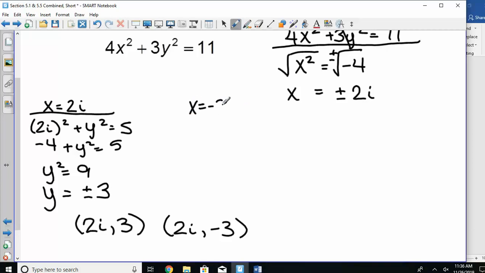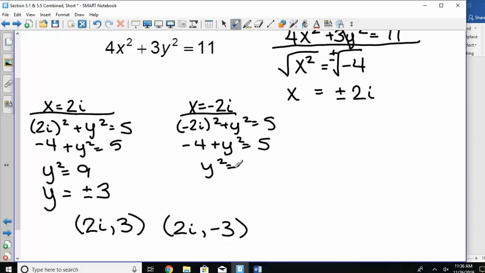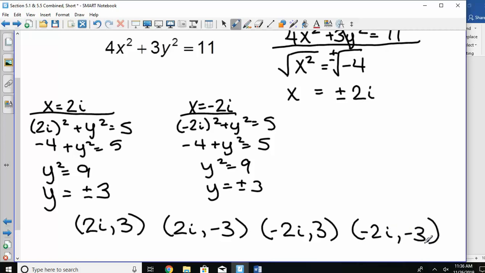What happens if my x is a negative 2i? Same thing, isn't it? Because negative 2i squared is still negative 4. So I have 2 more answers. Negative 2i, 3, and negative 2i, negative 3.